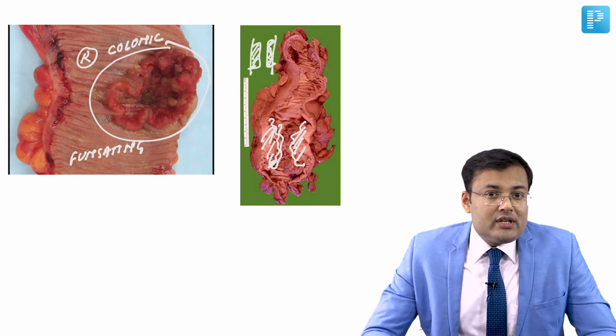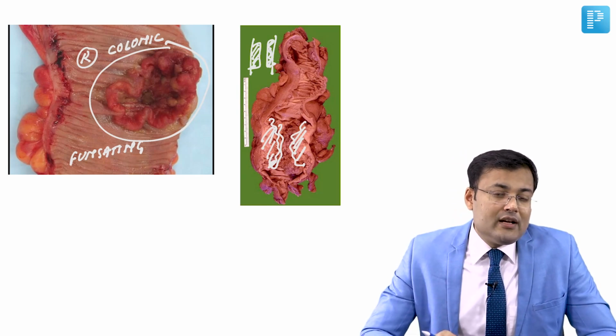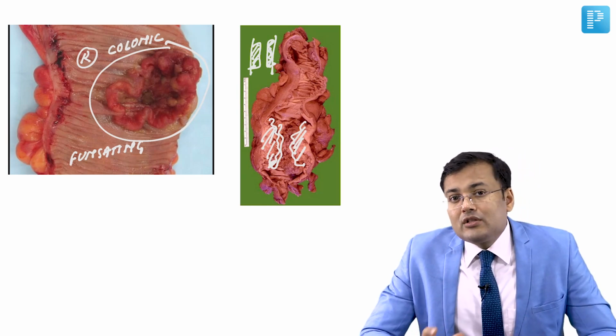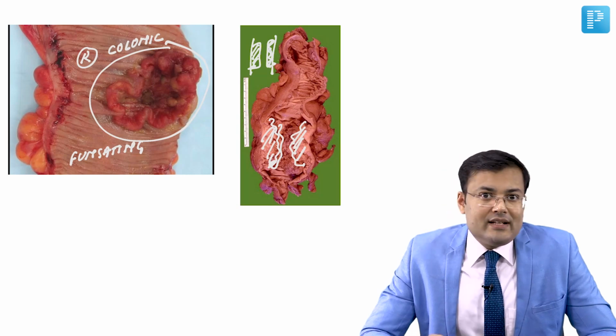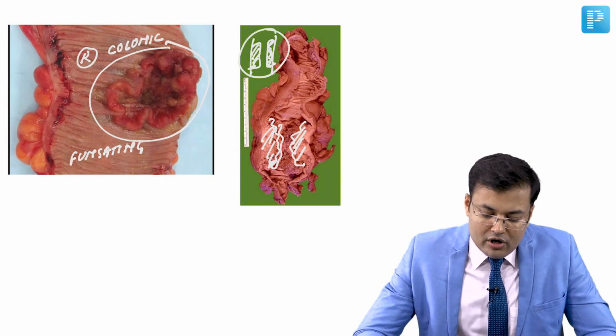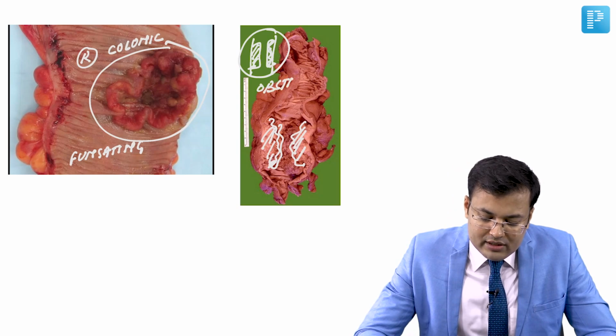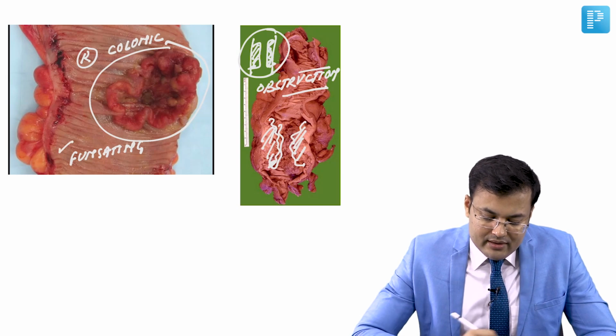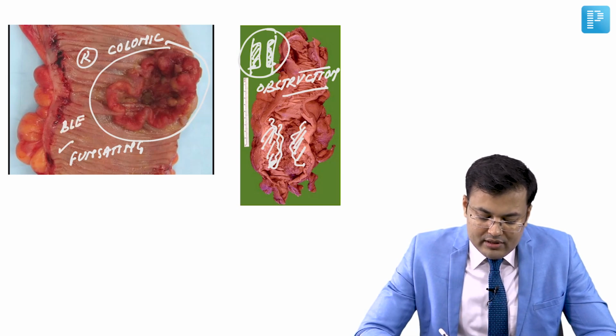Second, the growth is annular or stenosing, and third, the fecal matter is solid on the left side. Clear? So narrow caliber, solid fecal matter, annular or stenosing growth. Because of all these, what is more common on the left side? Obstruction. So bleeding is more common on the right side.